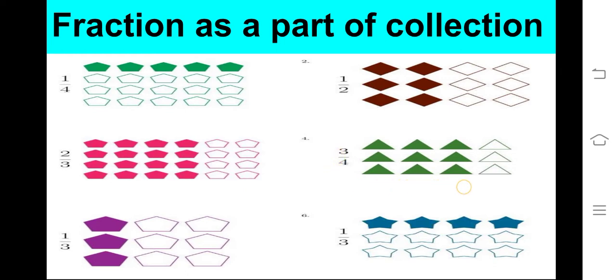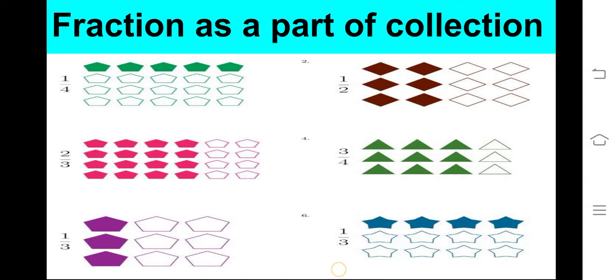There are 12 figures here again. 3/4 of 12 is 9. See, 1, 2, 3, 4, 5, 6, 7, 8, 9. Here 1/3. There are 12 figures here again. 1/3 of 12 is 4. 1, 2, 3, 4. So 1/3 of 12 is 4.